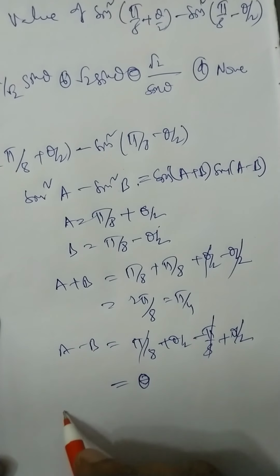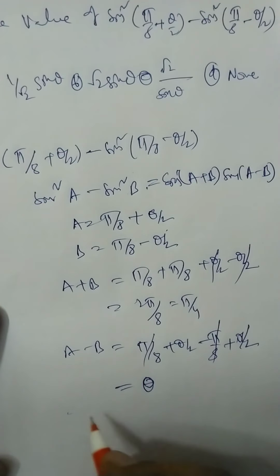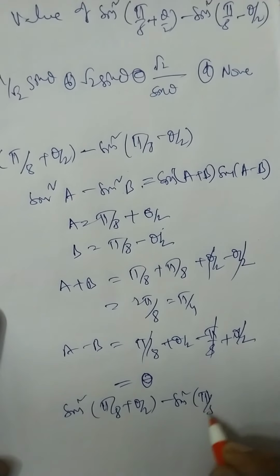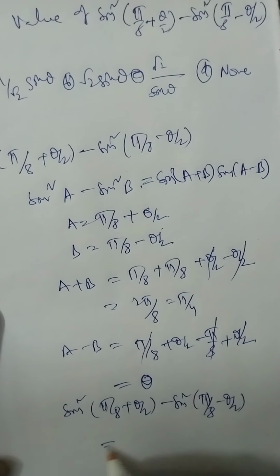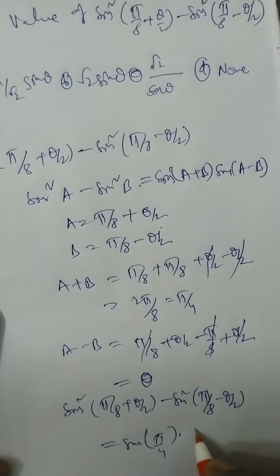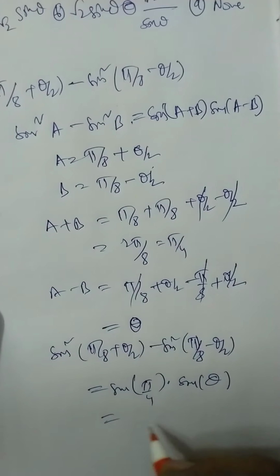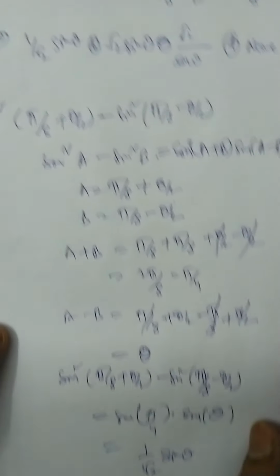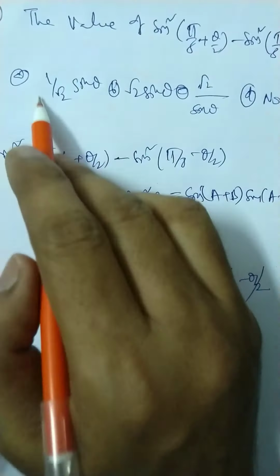That is, our required solution will be obtained as sin square pi by 8 plus theta by 2 minus sin square pi by 8 minus theta by 2 is equal to sin of a plus b, this pi by 4, sin of a minus b, this sin theta. And we know that sin of pi by 4 is 1 by root 2, so 1 by root 2 sin theta. So the option A is correct.